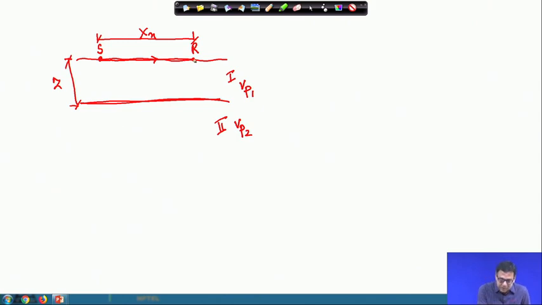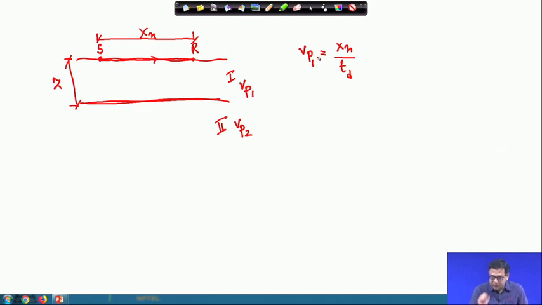If I measure this time, then the velocity of the first layer, V p 1, will be equal to x n divided by T d, where T d is the direct time required for this wave to travel from S to R. This way we can determine the velocity of the wave in layer 1.